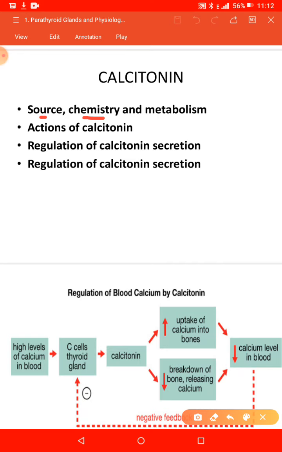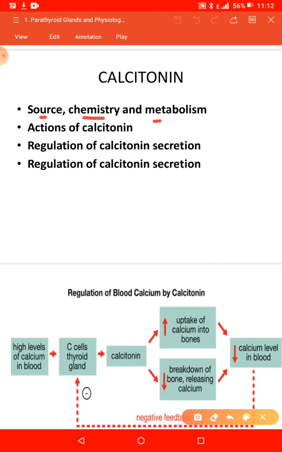Okay, it is synthesized from procalcitonin, following the same general synthesis of proteins, where the genes are involved, and there is transfer of the preprohormone into the endoplasmic reticulum, and then the Golgi apparatus packages the hormone into vesicles.